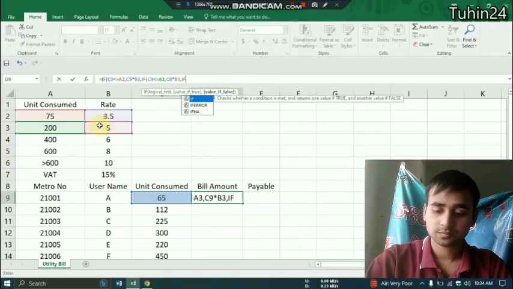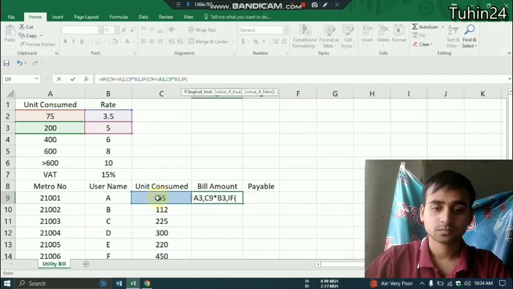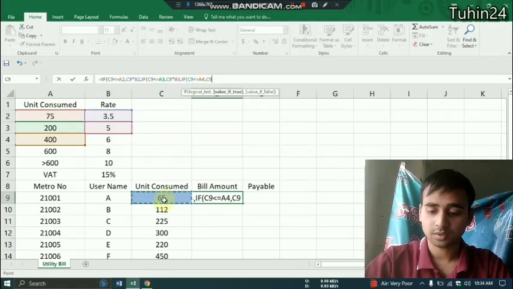And if the unit consumed is less than or equal to 400, then the consumed units will be multiplied by rate 6.